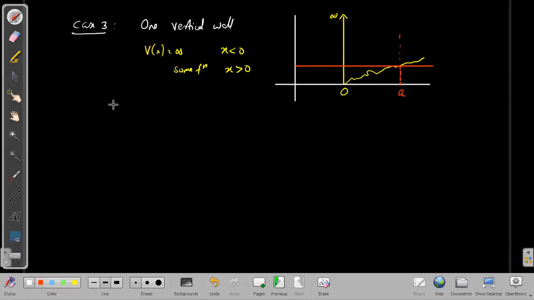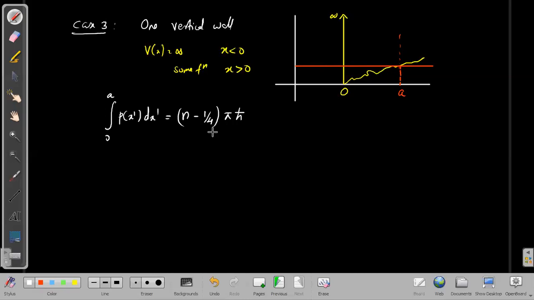The condition is integral 0 to a p of x prime dx prime equal n minus 1 by 4 times pi h cross. Okay, so that is the third case.